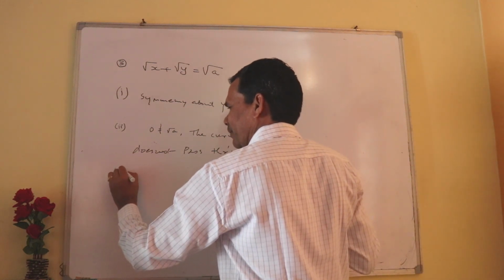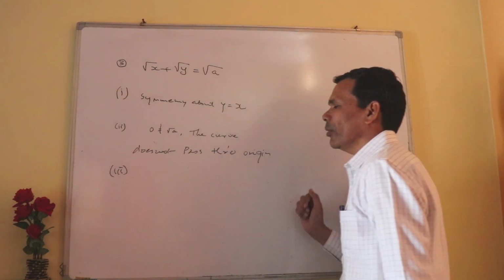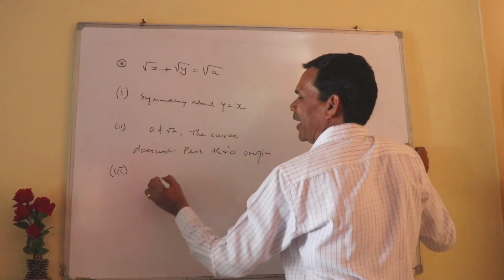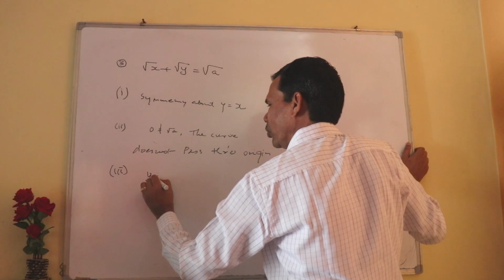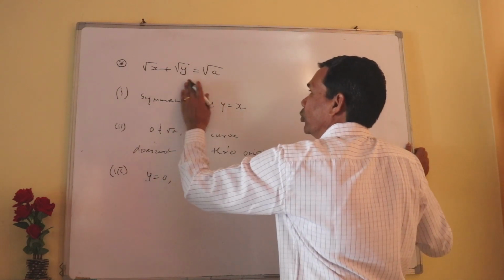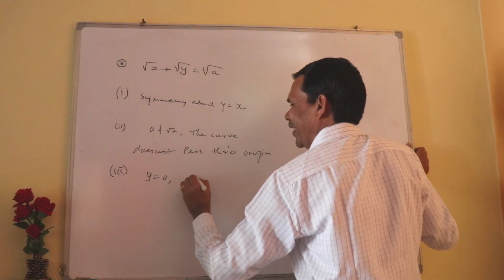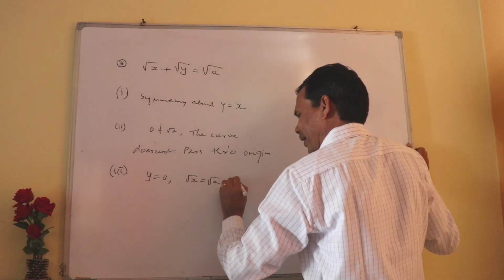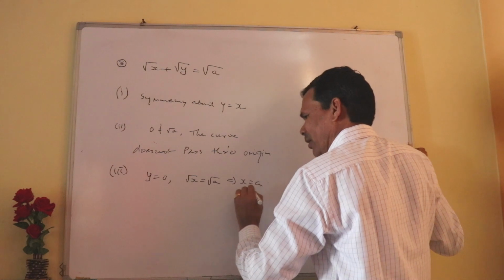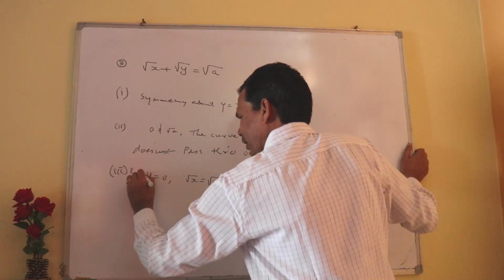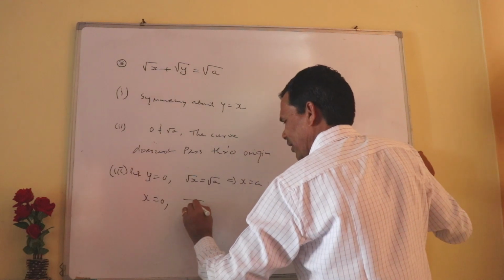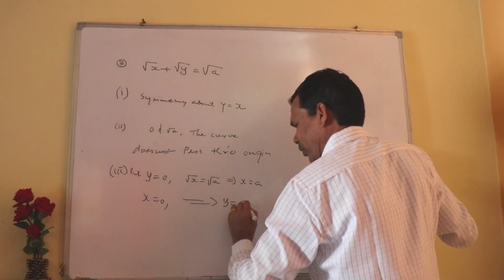Then the third one, points of intersection with the x and y axes. Now put y is equal to 0. If you put it here, root x is equal to root a, which means you are getting x is equal to a. Similarly, if you put x is equal to 0 in the equation of the curve, naturally you are getting y is equal to a.